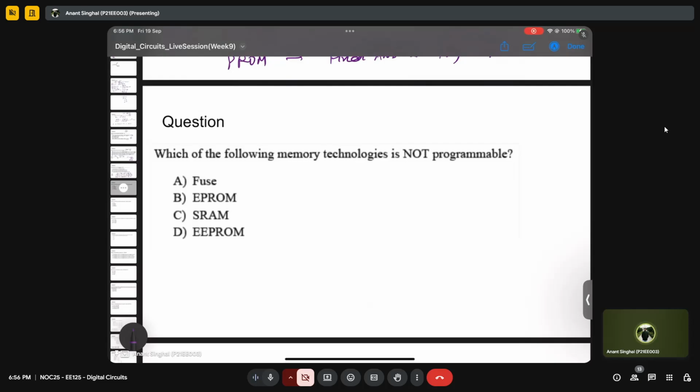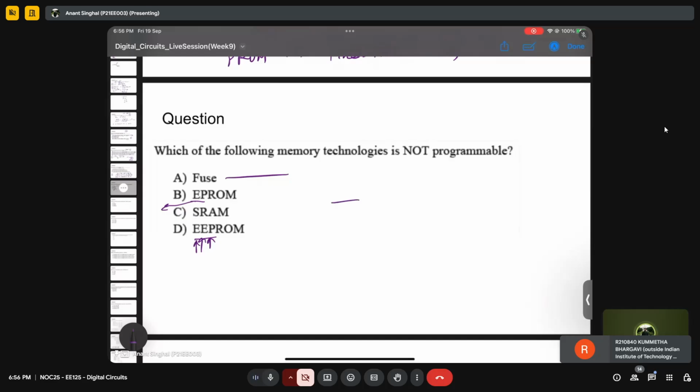Again, this is a theoretical question only. EEPROM is electrically erasable programmable ROM. EPROM is again electrically programmable ROM. So this is programmable, this is programmable. Fuse: you might have seen it in your problems when you were doing the PAL and PLA circuits.